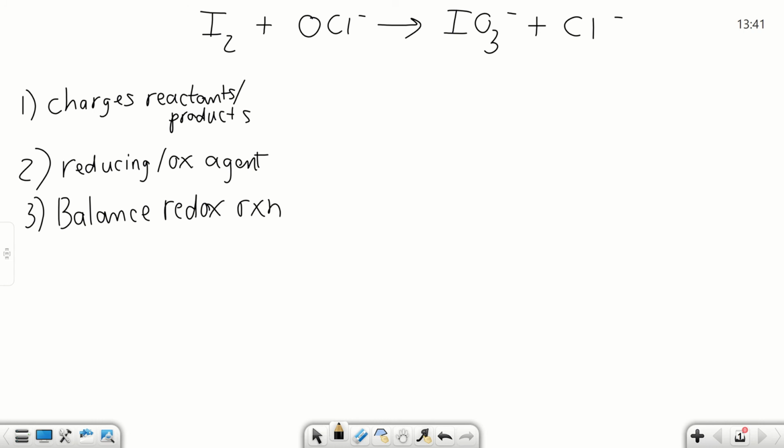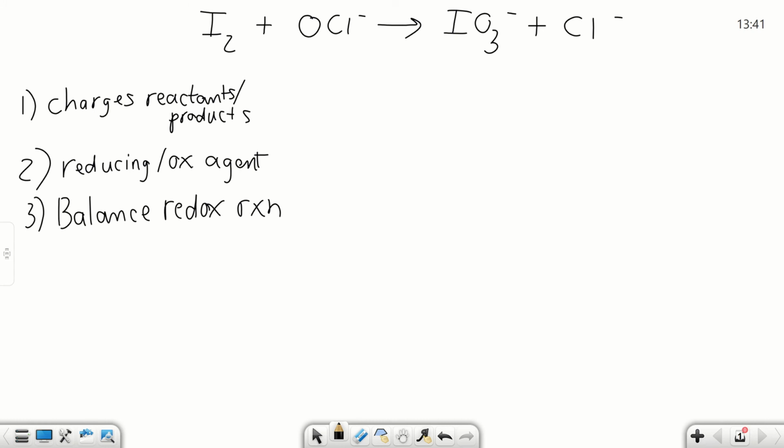All right, so here we go. What fun. The first thing to do, and we probably want to do this step, is the first step of balancing the redox reaction. The first step is to write the half reactions.